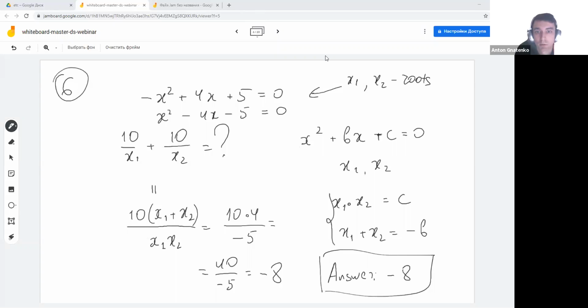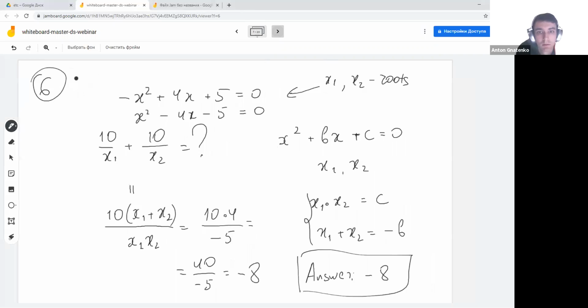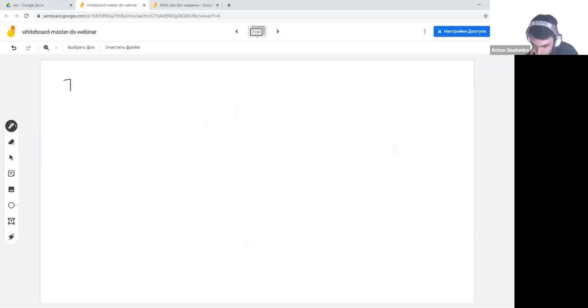Yeah, the next problem. Number 7. We are given another quadratic function here, y equals x squared plus 4x plus a, where a is unknown. a is a parameter here.